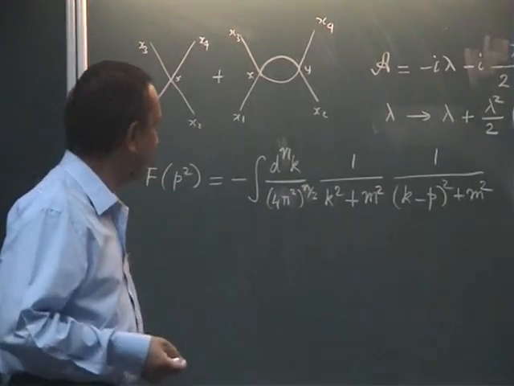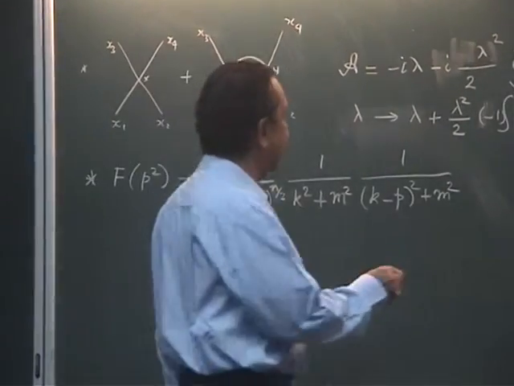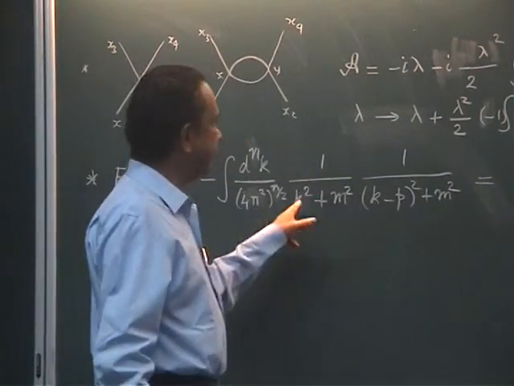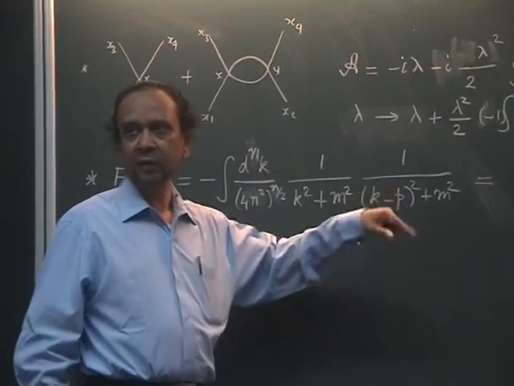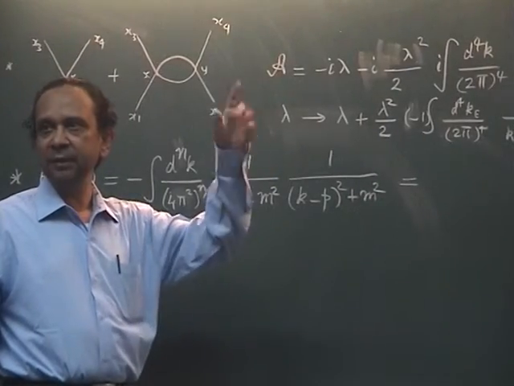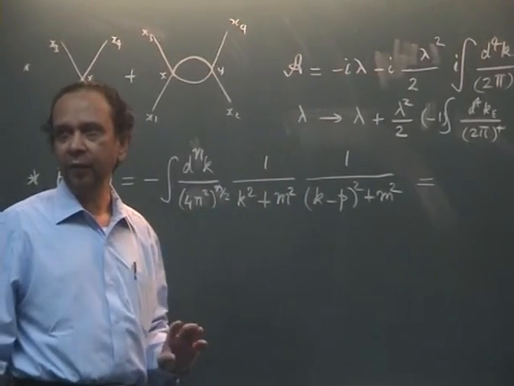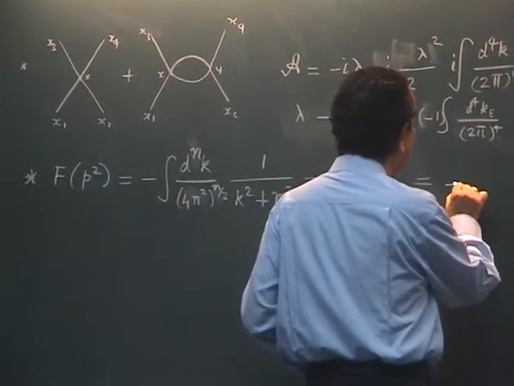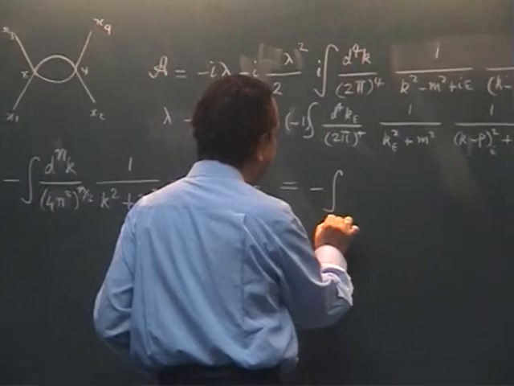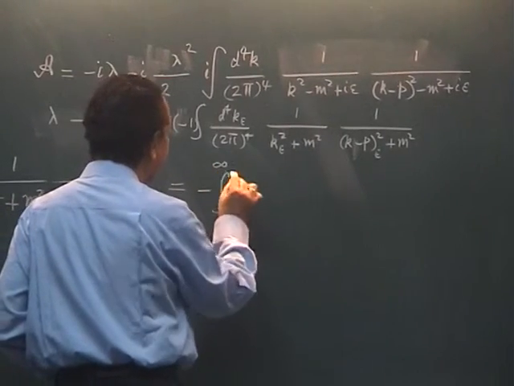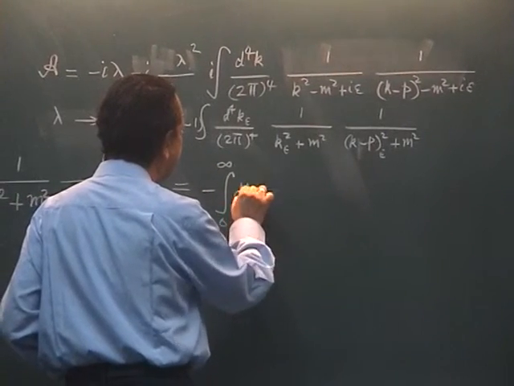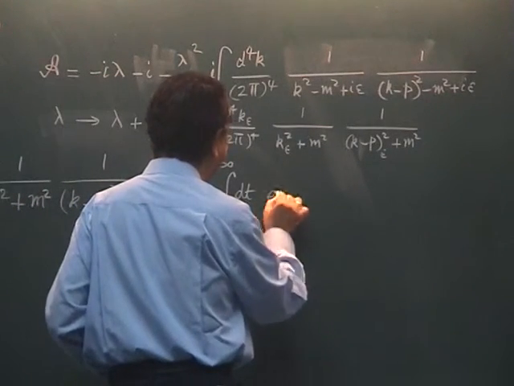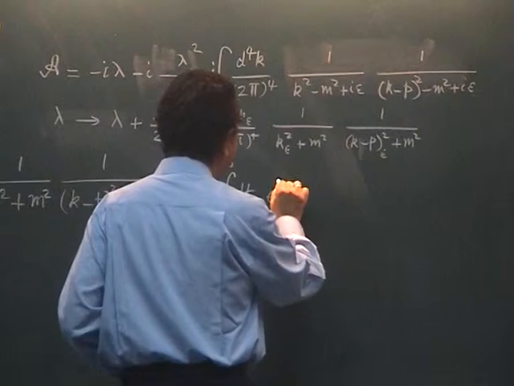So let us look at this quantity, and there are various tricks to evaluate this. The way we will do this is to write these two quantities as integral 0 to infinity e to the minus some parameter times that quantity. And this is something which we have done several times, so I am just going to do that. So you have minus integral 0 to infinity, we call it some variable t, not to be confused with the variable in that STU.